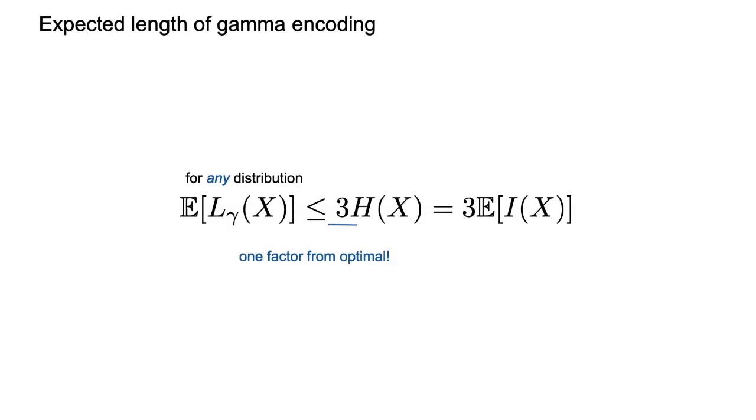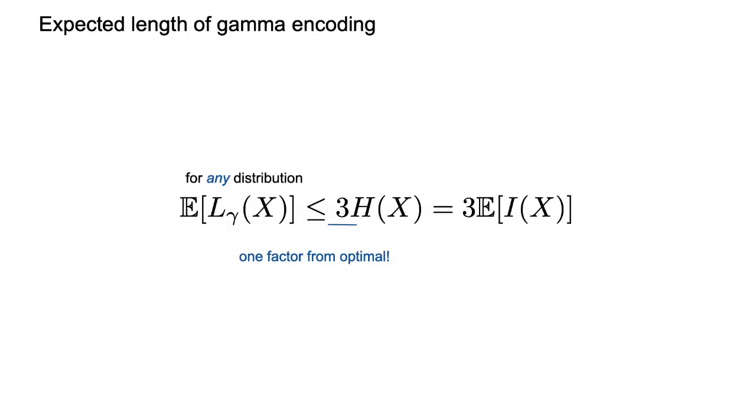So whatever distribution you take, it's going to be less than 3 times the entropy. This is what we call a universal encoding. What that tells us is that the gamma code, no matter what distribution you have, is going to be asymptotically optimal. And that is an absolutely incredible property of the gamma code.